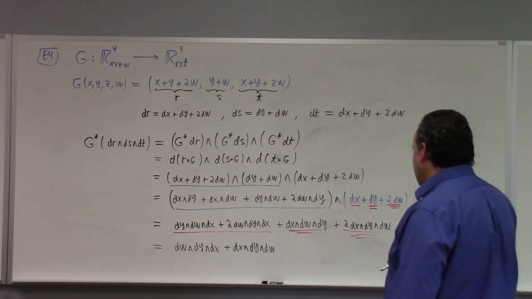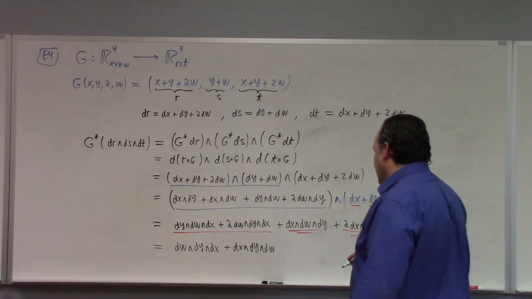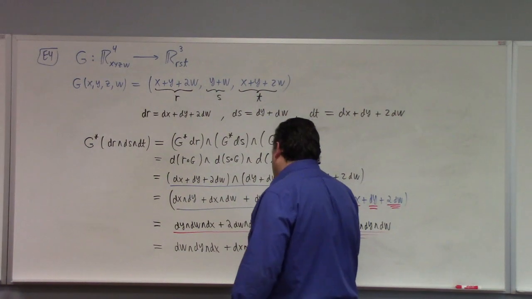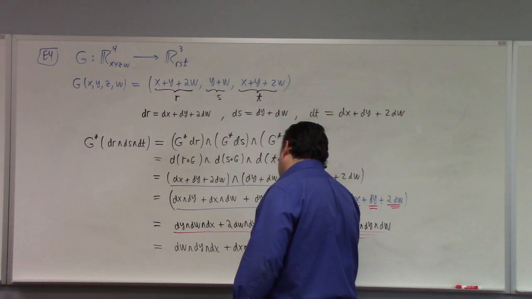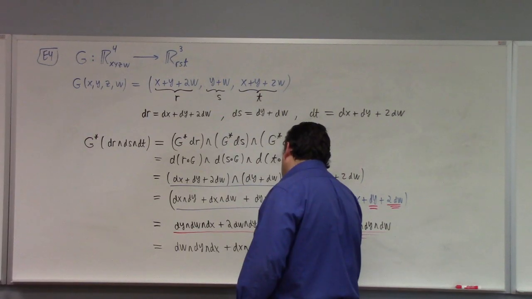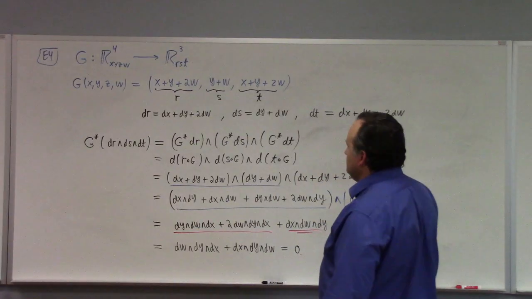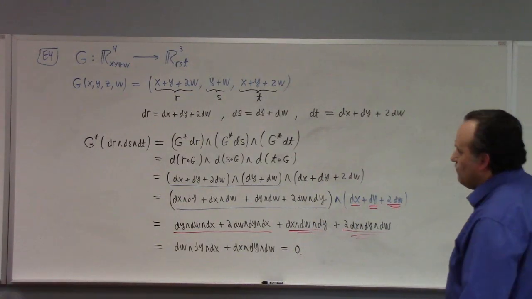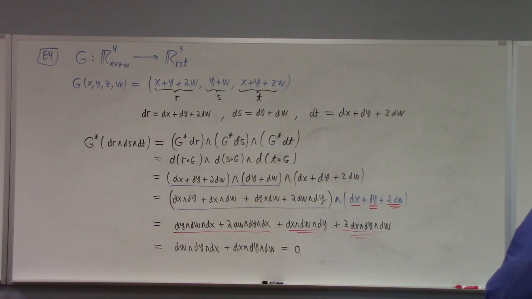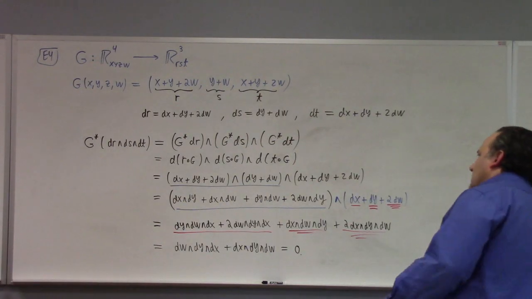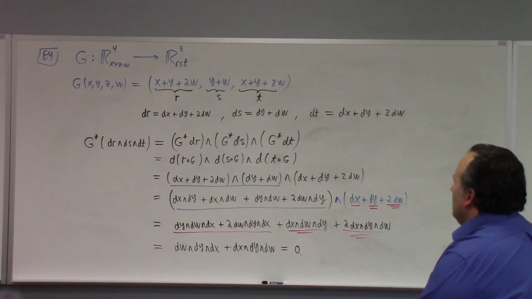Which it should be, because you have two of the same vectors that you originally get. Well, hooray. Is that right?